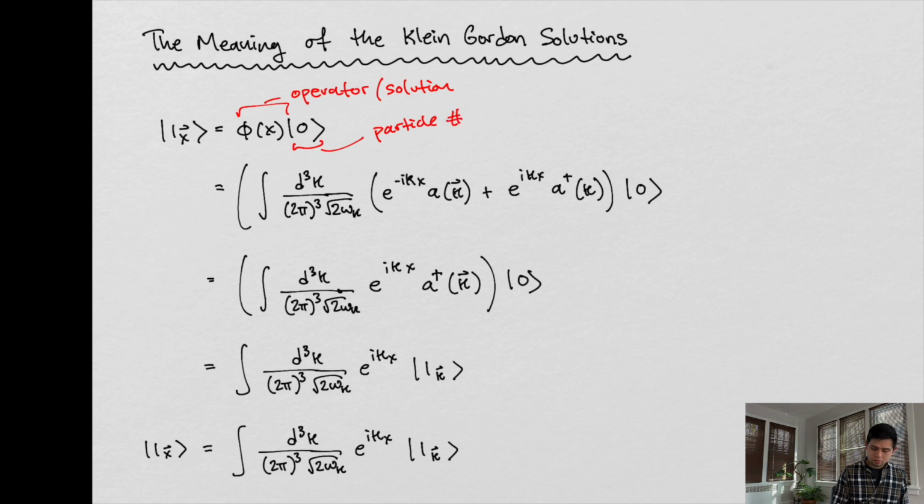Every time we operate on the state that describes the particle number, what we get is a particle number. So that's one particle at a particular location. The location is given to us by this operator, and the particle number is given to us by the state that we're acting on.